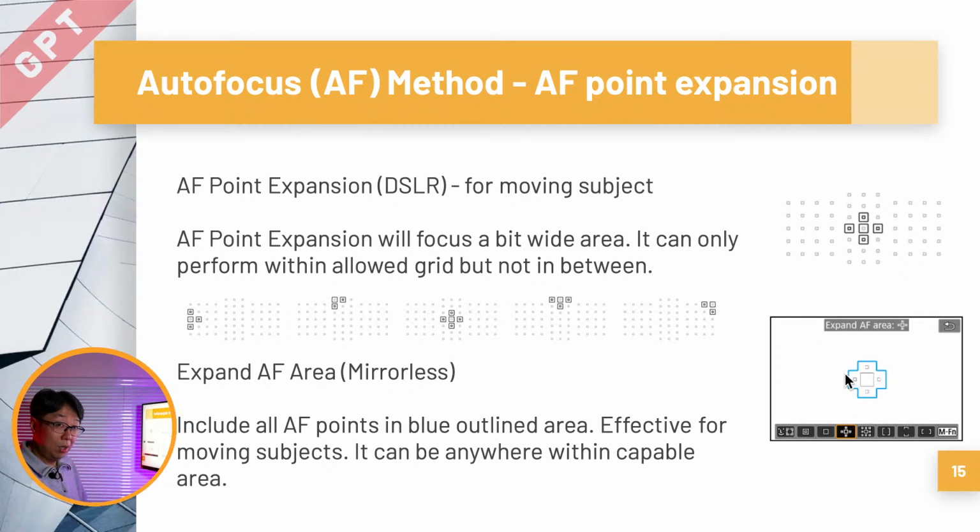For mirrorless as well, you can use all the blue outlined area for the AF calculation, and it's very effective for moving objects. So if you have someone running, or a bird or something moving, but not too fast, a little bit like slow jogging, you can try this one, and it can focus quite well for these 2 cameras.